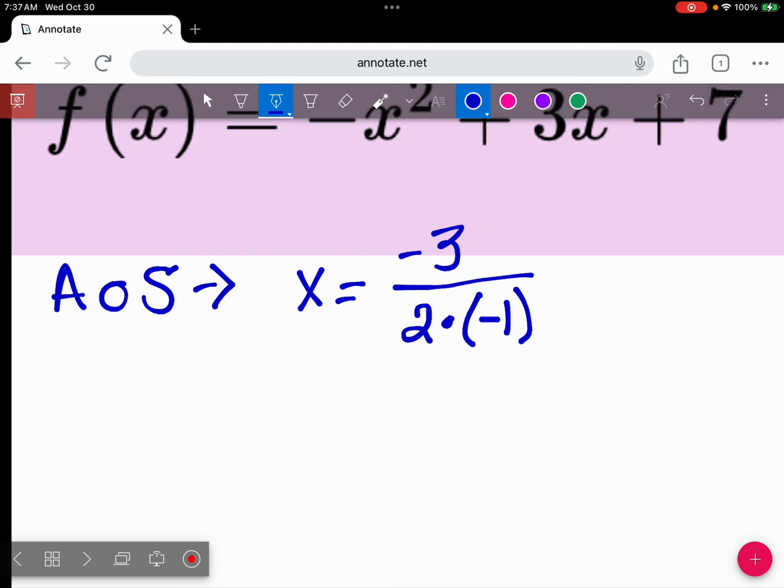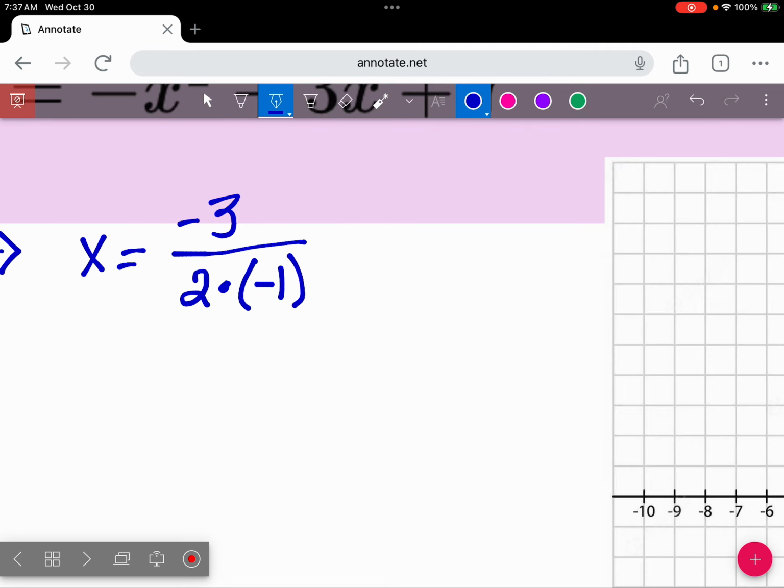Opposite of b over 2 times a. So what is our axis of symmetry? 1.5. -3 over -2. So our negatives cancel out. So 3/2, which is fine. Or we can put that as a decimal, and it's 1.5.